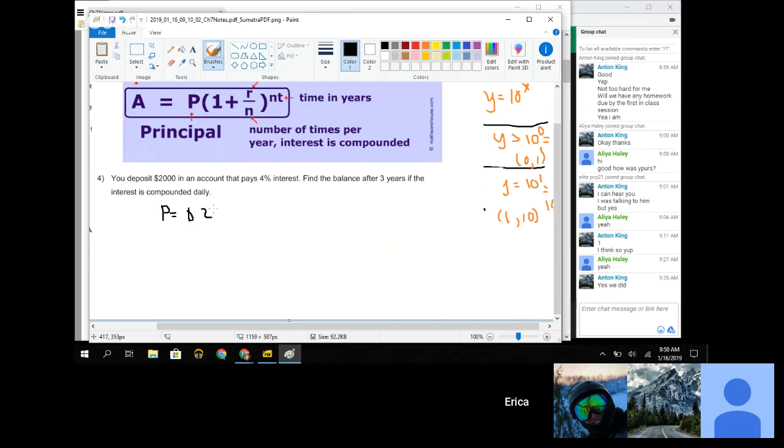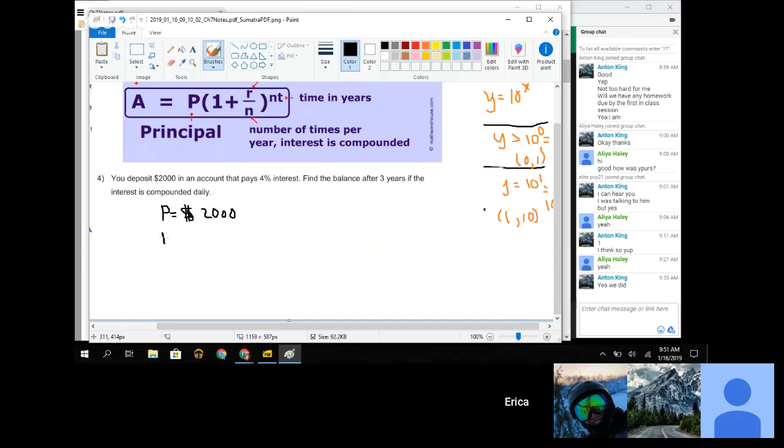It's a crazy dollar sign. $2,000. That's supposed to be a dollar sign. So we've got principal P. The account pays 4% interest, so 4% is your rate.